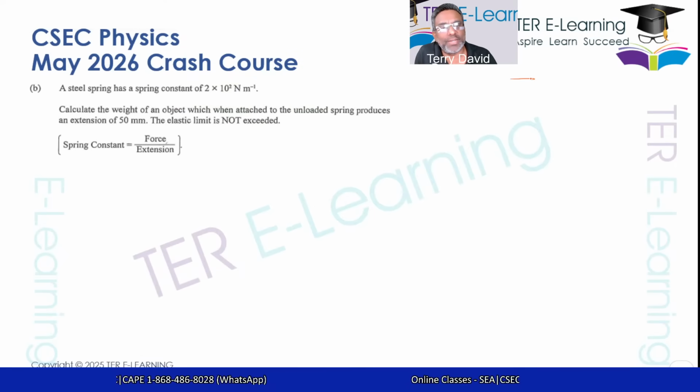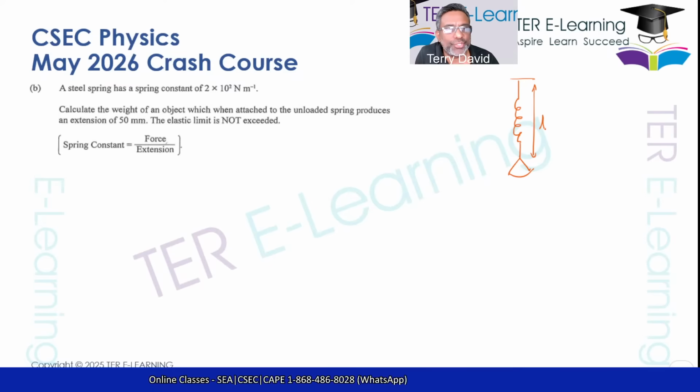Okay, so first of all, this is what we have. We have a spring, and this is just the spring initially, so this is the original length of your spring. Let's put something here to attach some weights. That's your original length, which we normally call L0.